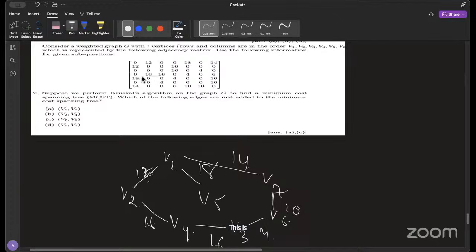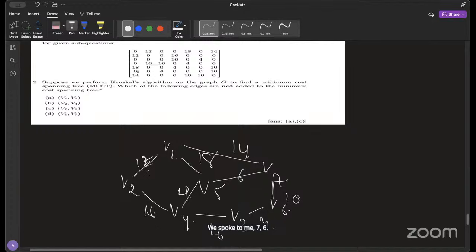V4 to V2, we have 16. We've made that. The other one also we've made, I guess. And V4 to V5, we have 4. And then V4 to V7, 6.